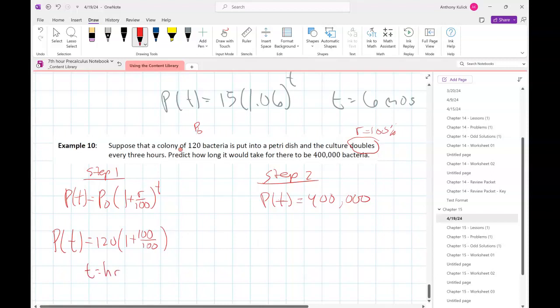Now, what unit should T be in? Hours makes the most sense to me. How many doublings do we get in 1 hour? If it takes 3 hours for it to double, how much of a doubling do I get in 1 hour?